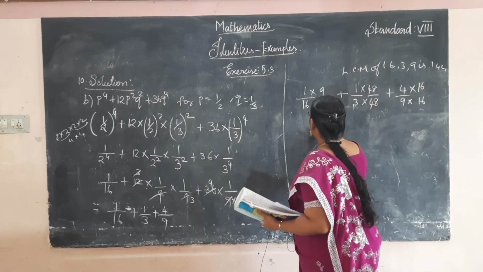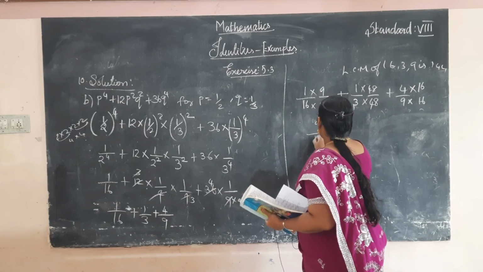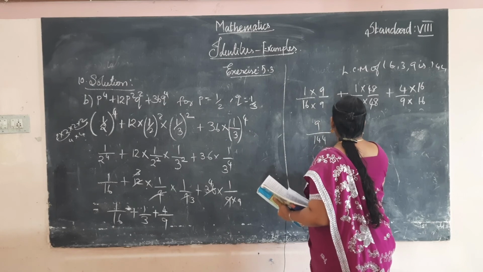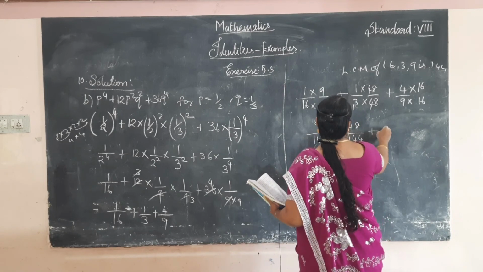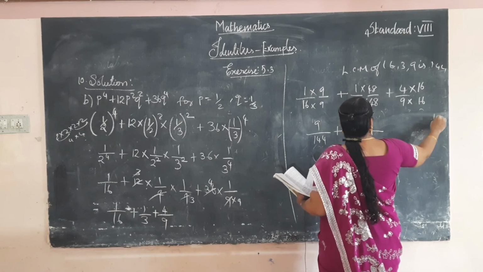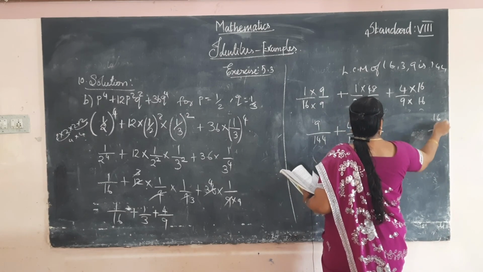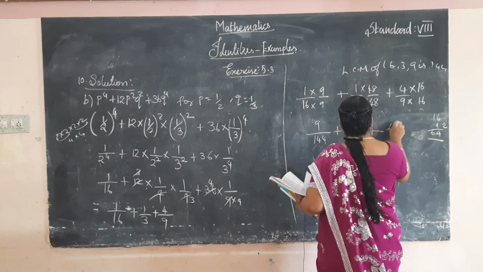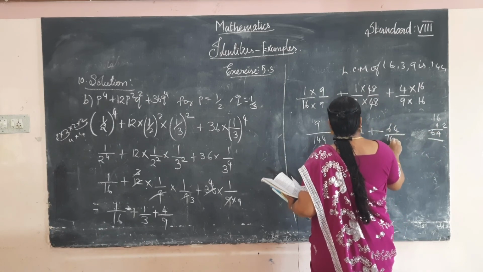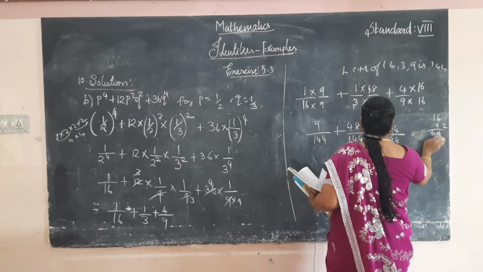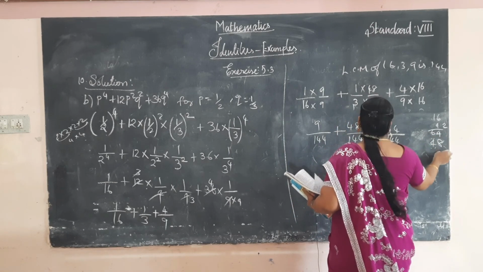Okay, multiply the numerator: 9 by 144 plus 48 by 144 plus 16 4s are 64, 6 4s are 24, 64. Okay, 144. Now add the numerator value of 64 plus 48 plus 9.